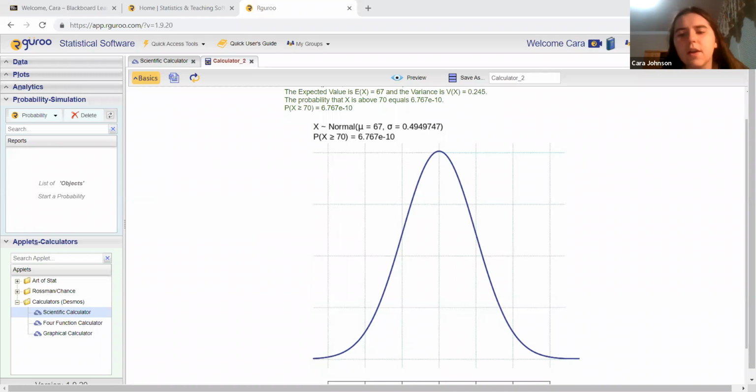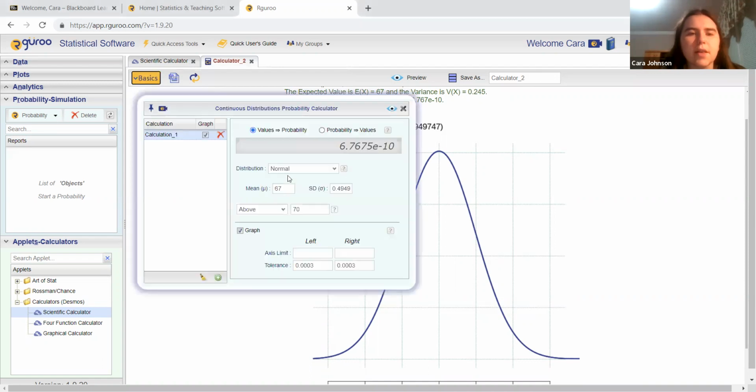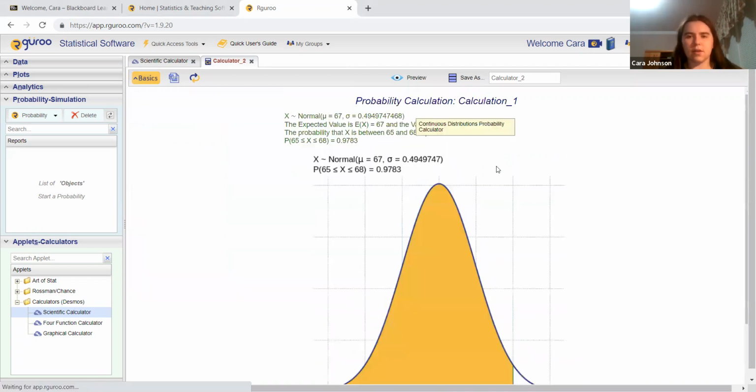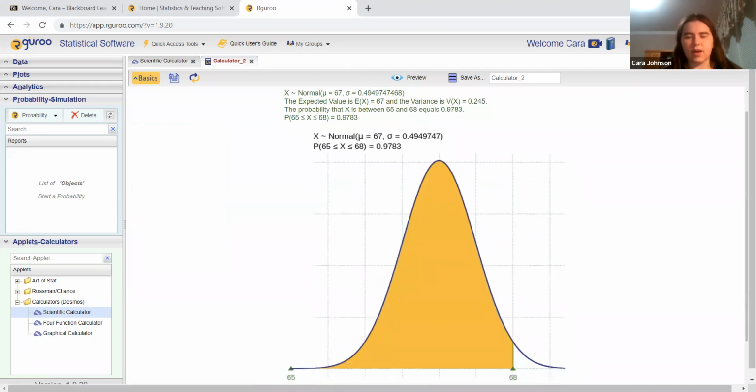The next one asks for the probability of the sample mean height being between 65 and 68. Let me get off of this here. I'm going to go under basics, and put between 65 and 68. I got 0.9783.